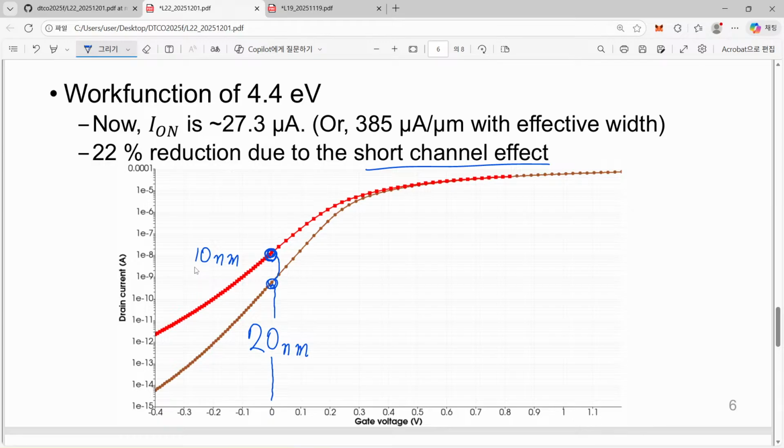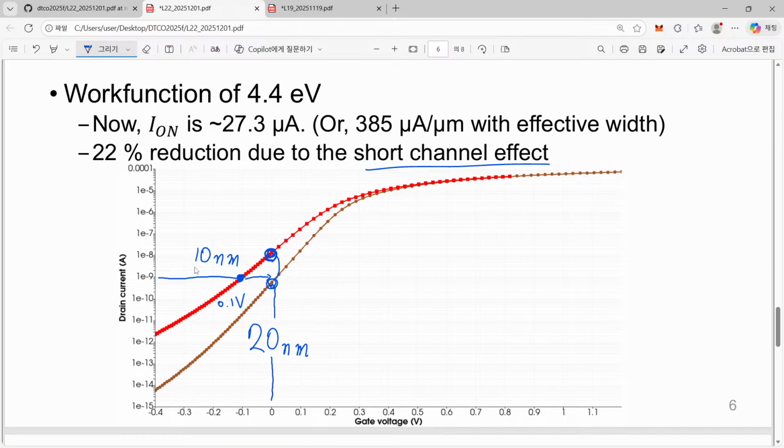It means that, in order for this 1 nanoampere to become the value for 0 volt, we must parallel shift once again this curve toward the positive direction. About 0.1 volt shift is required.